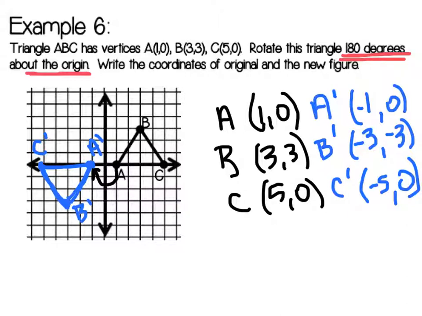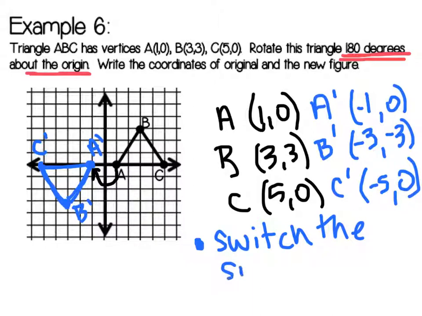And then we had 5, 0, that changed to -5, 0. Notice for all of these, the sign of each of the x or y values changed. Now the 0 can't change sign because 0 is not positive or negative. But when you have a 180 degree rotation, you switch the sign of x and y. They didn't switch places, but the sign of x and y both changed from positive to negative.